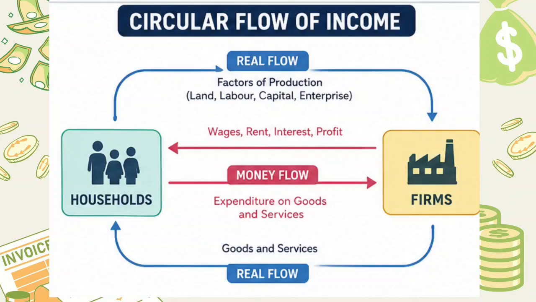And next, households use this income to purchase goods and services from firms. So this creates a continuous cycle because the process repeats again and again. It is called the circular flow of income. Draw this diagram very neatly in a descriptive question. It often helps you score full marks.